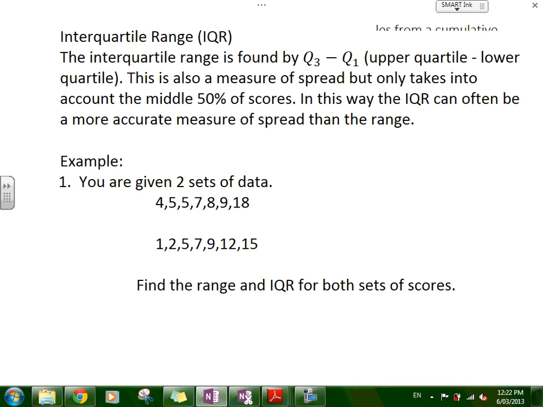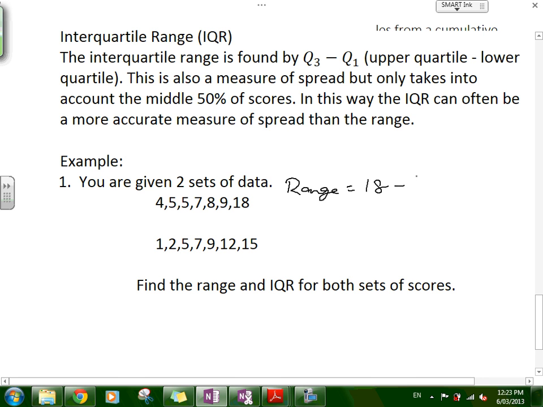What's the range of the first one? Yeah, it's 14. So the range for this one equals 18 minus 4, which equals 14. And what's the range for this one? Yeah, it's also 14. It's 15 minus 1, which equals 14.